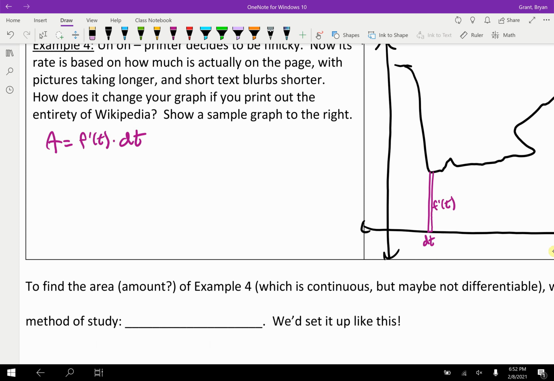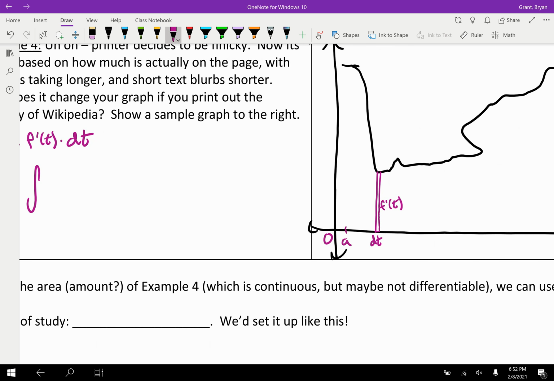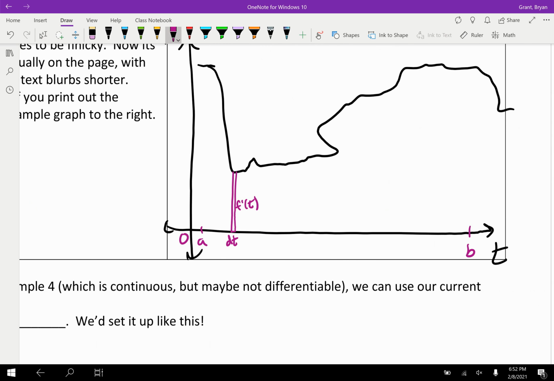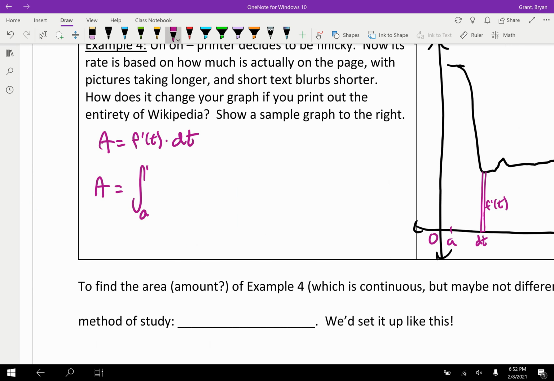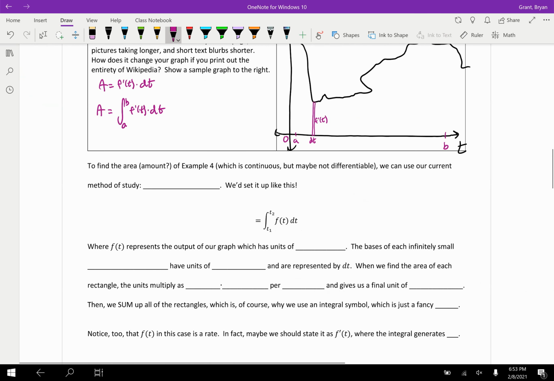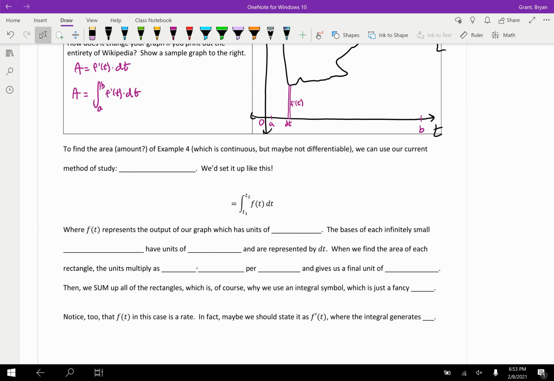And if we're going to sum up using dt, then wouldn't our amount be given as, let's say, from a to b over here? Wouldn't this go from a to b of f prime of t dt? And yeah, we're back to calculus. So, to find the area of example 4, we use our current method of study, integration.